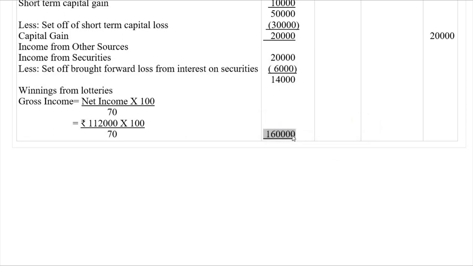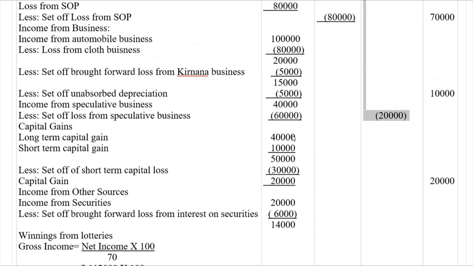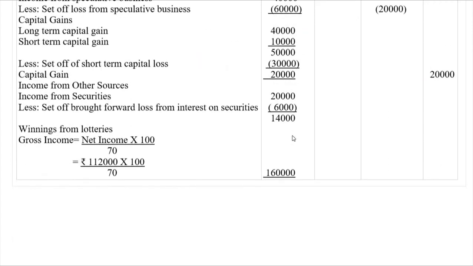So the sum of this will be taken to the GTI column, that is 1,74,000. Now we should take the total here. In case of this carry forward, we have 20,000.